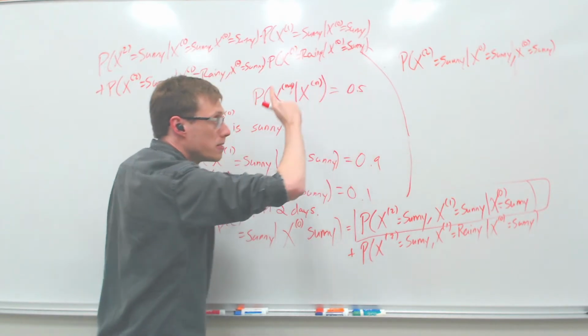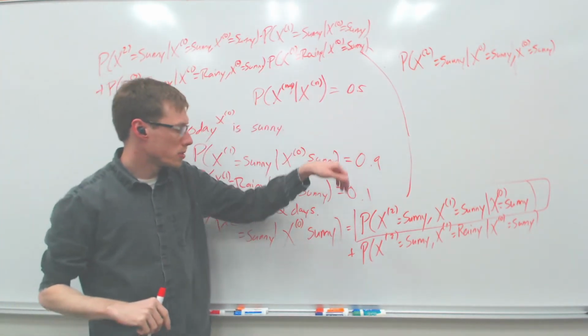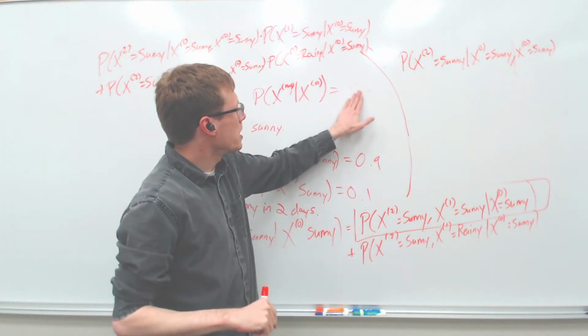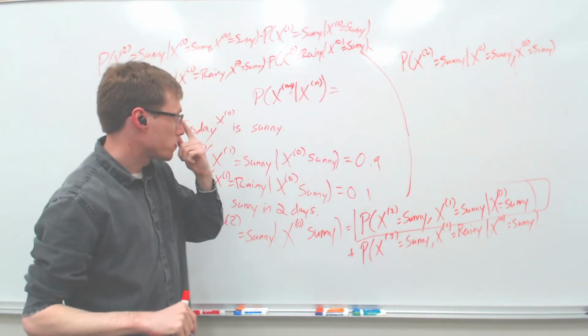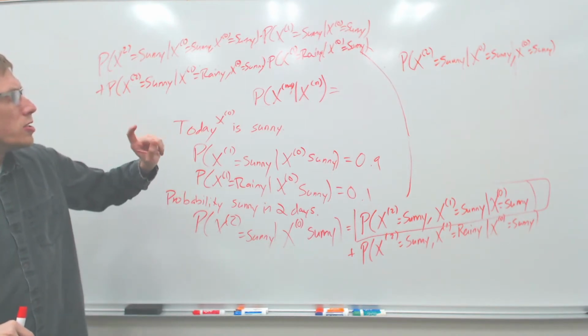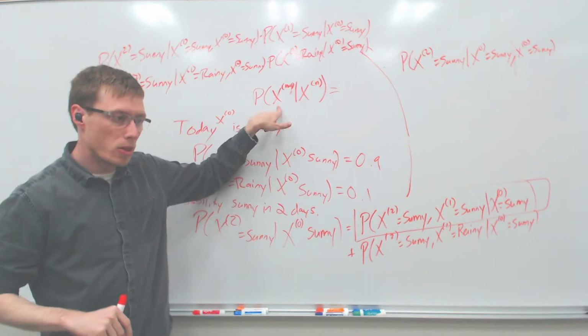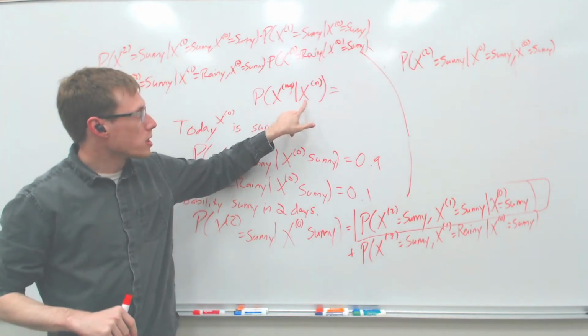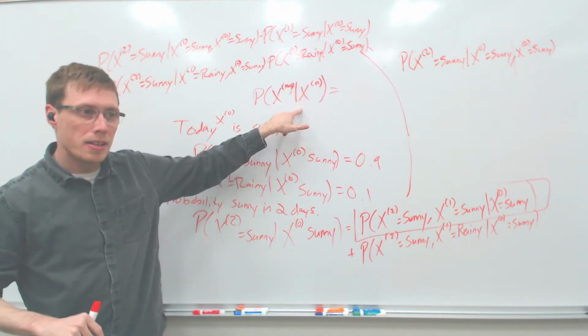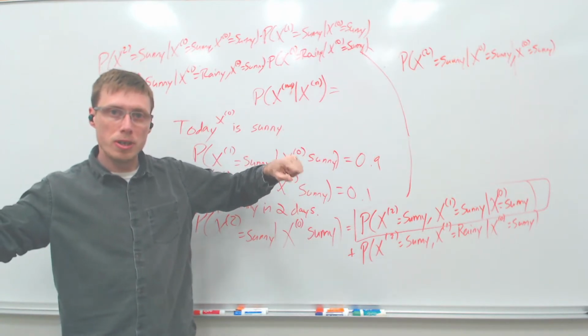That's what we had set. The key thing about this is that if I want to figure out what it's going to be tomorrow, all it depends on is today. It doesn't depend on what yesterday was.